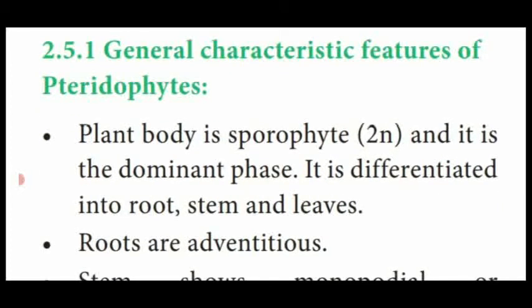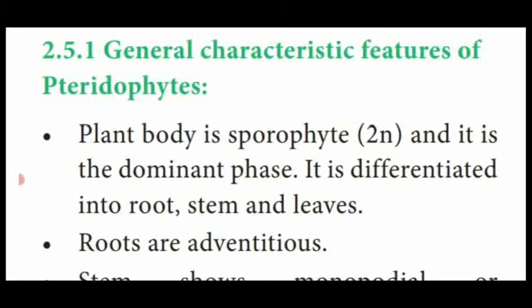Dear students, bryophytes we have seen. The plant body or thallus is known as gametophyte. But here the pteridophytes are known as sporophyte and also diploid. In bryophytes, the plant body or thallus is gametophyte and also haploid, n number of chromosomes. But in pteridophytes, it is diploid and also sporophyte.